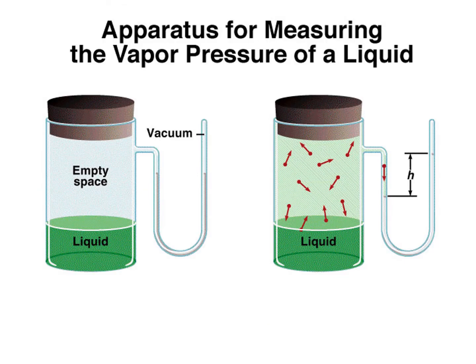So how do we measure the vapor pressure of a liquid? And this is a diagram of that apparatus that is utilized. We have a container that's capped, with empty space above the liquid in this container. And there's a side arm.